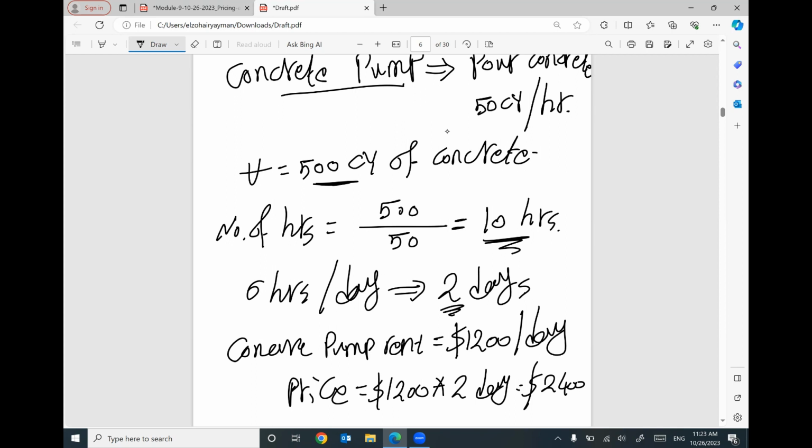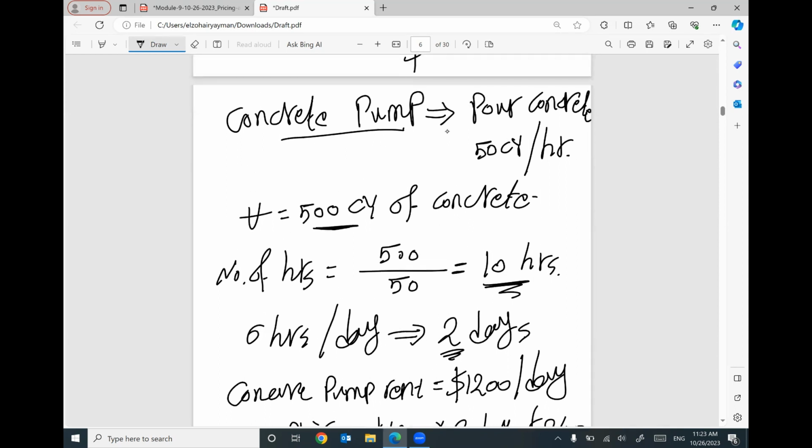This is how to figure out the price of the equipment based on something called productivity rate. We can look for any contractor for equipment and ask him or her by phone, hey, I would like to rent a concrete pump. He can say, per day, I can rent it, for example, $1,000 or $1,200.